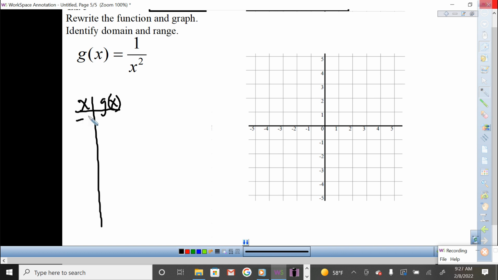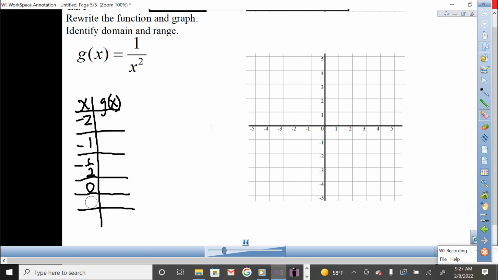All right, so I'm going to go -2, -1, -1/2, 0, oh no, not 1, 1/2, my bad, yeah, 1/2, 1, and 2.